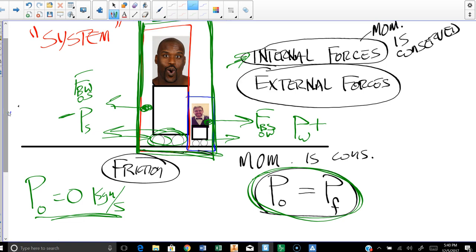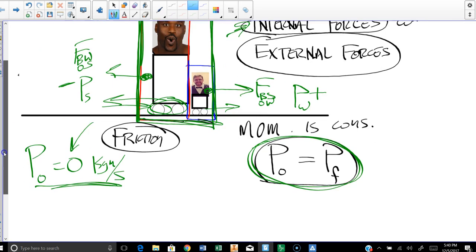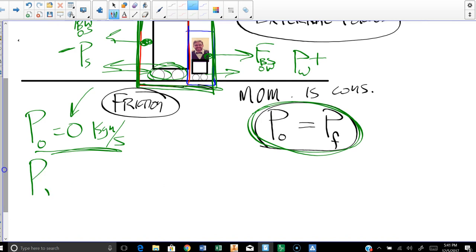If you have a negative quantity and a positive quantity and you add them, guess what you can get? So this brings up the point that there's actually more than one way to get 0. You can have nothing, or you can have a lot and then lose a lot. Either way, you're at 0. So it would be true that the final momentum would also be 0 kilogram meters per second.